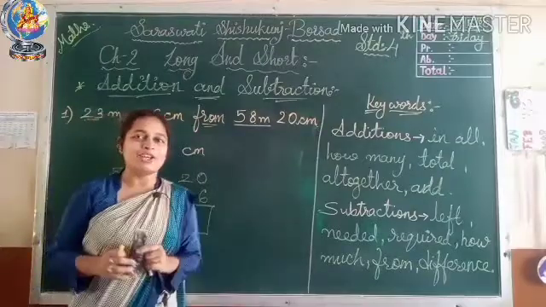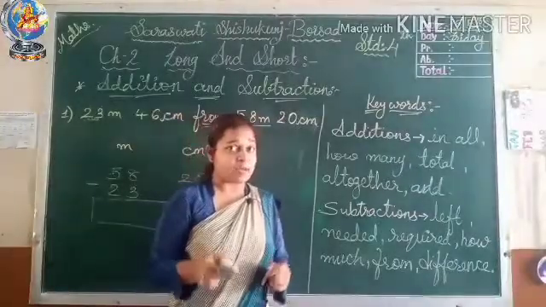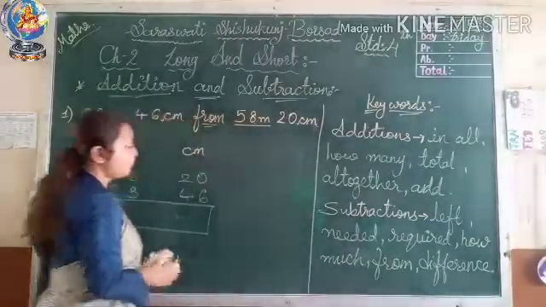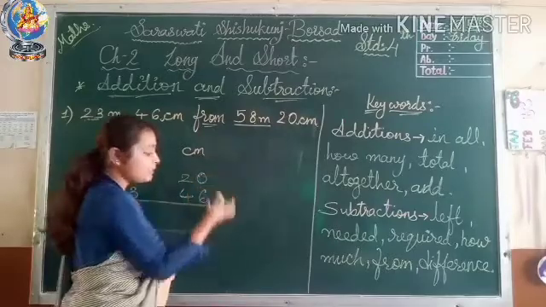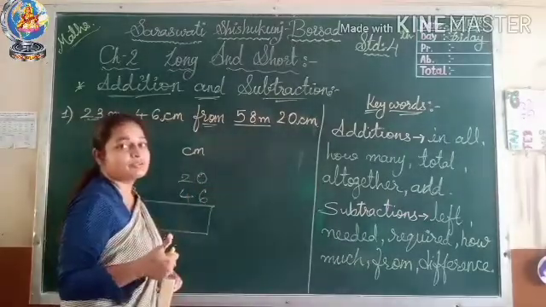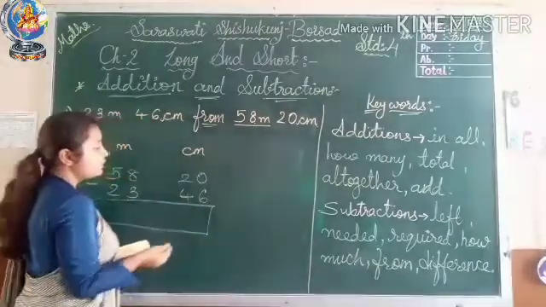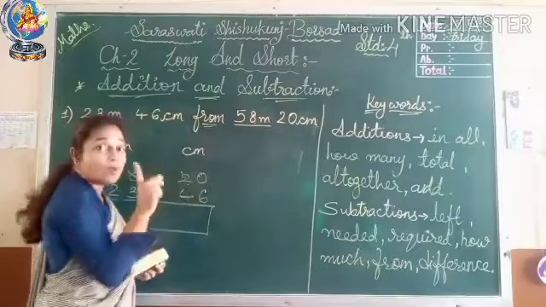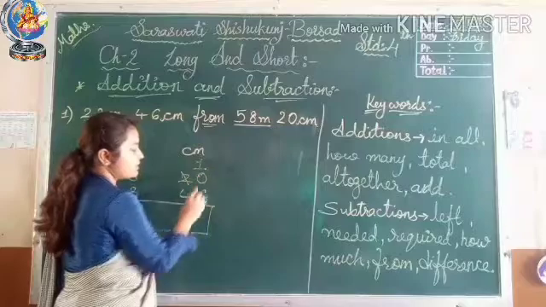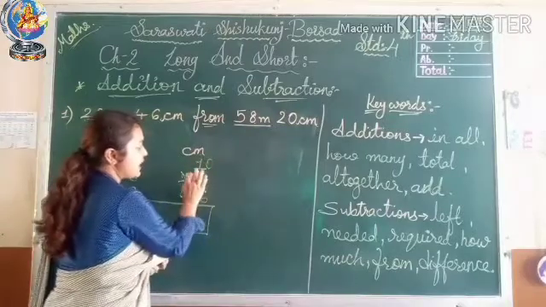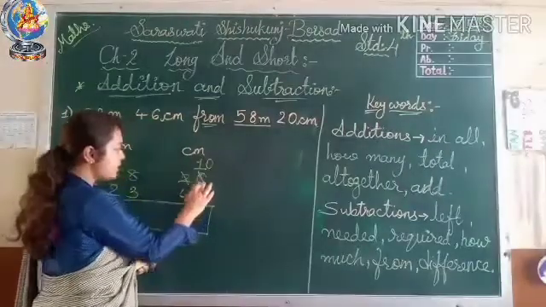If you still feel difficulty to solve the sums, it's very easy. Now let me show you our easy method. Open 0 fingers, close 6 fingers. Is it possible to open 0 fingers and from that close 6 fingers? Not possible. So what can I do? I can borrow from the tens. 1 ten I will borrow from the 2, so I will keep 1 here, and this 0 will be 10, right?